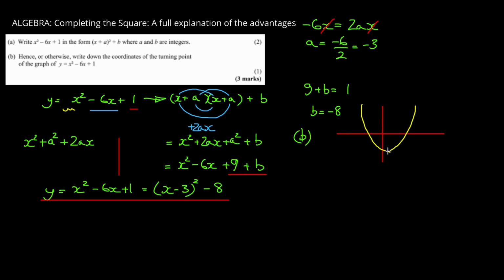And that U-shape will have a turning point, and here it is. It's the point where the graph reaches a minimum value and then starts climbing back up again. And as I've said before, that is more difficult to do from the original equation than it now will be to do it from the completed square version of the quadratic.